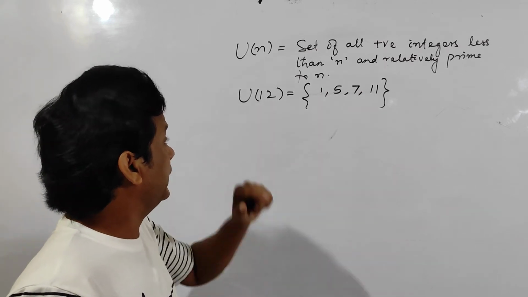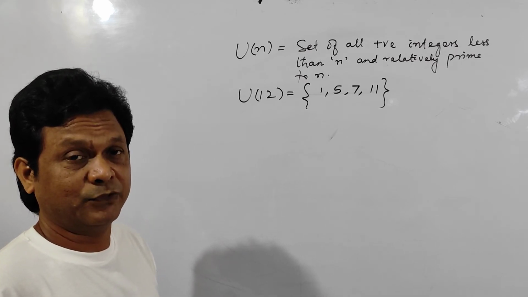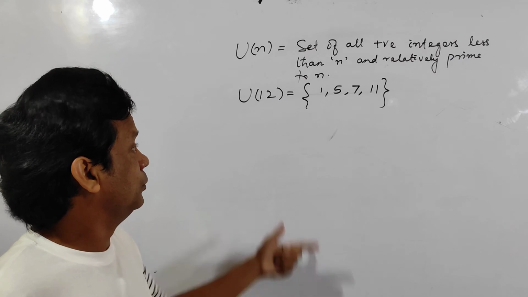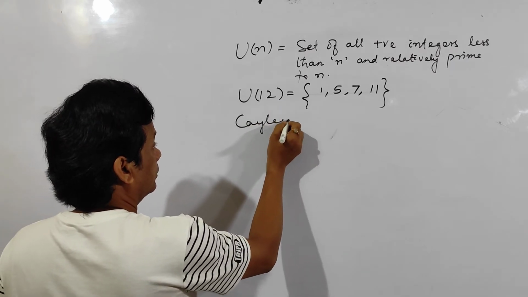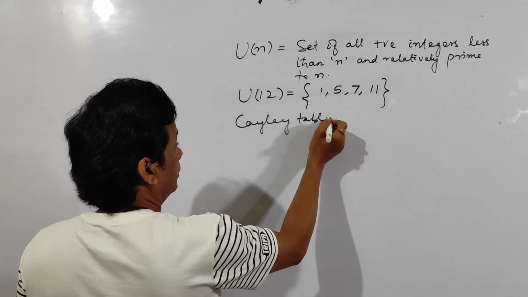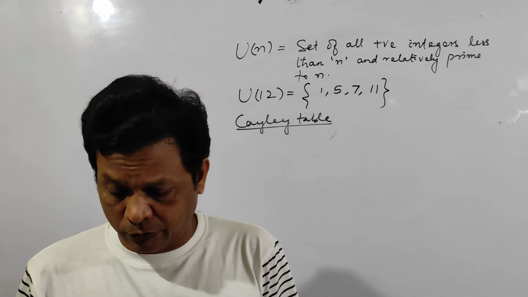Now, we have to draw the Cayley table of U of 12. So how to do this one? Okay, so how to draw the Cayley table?